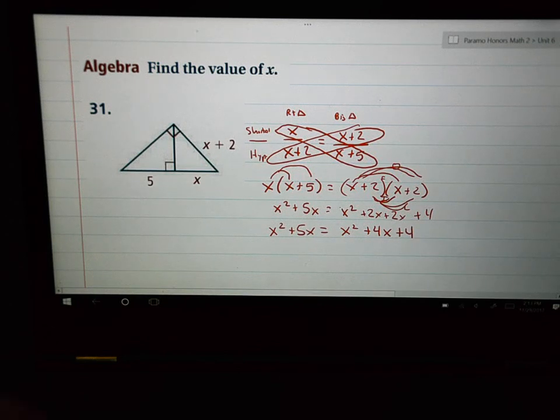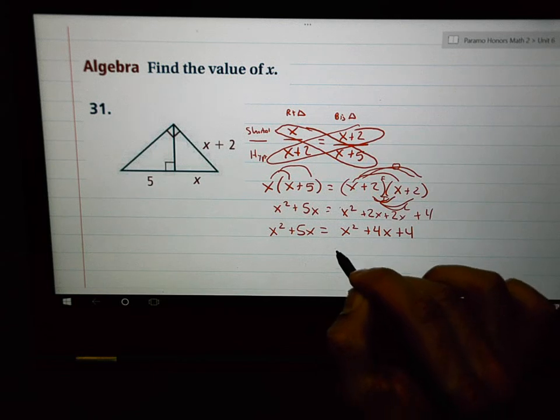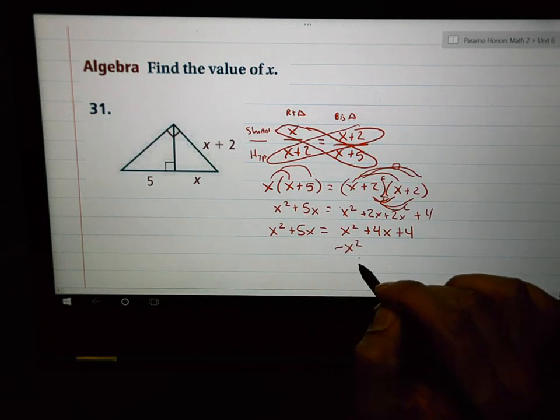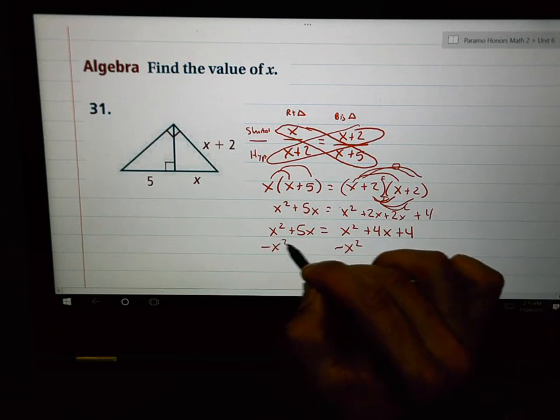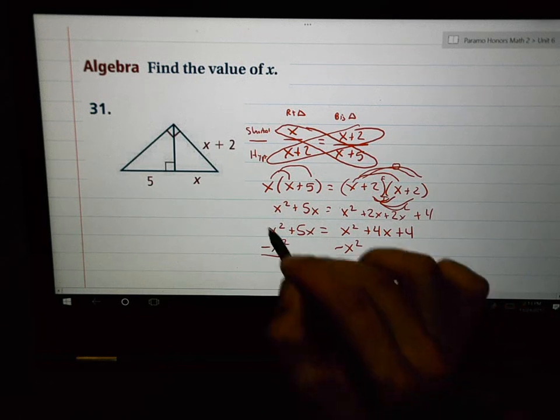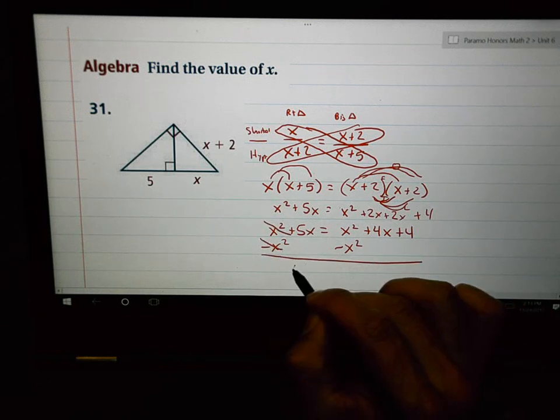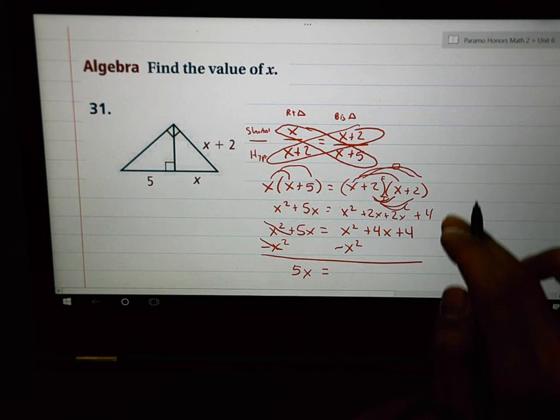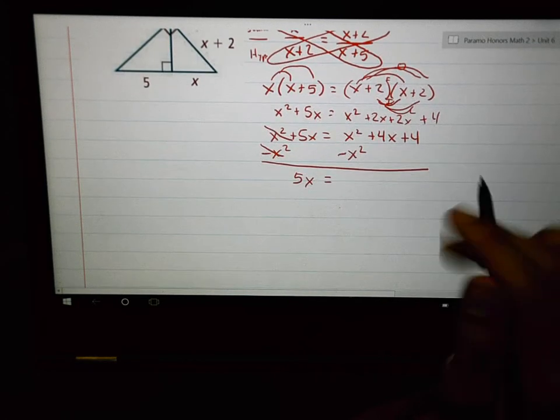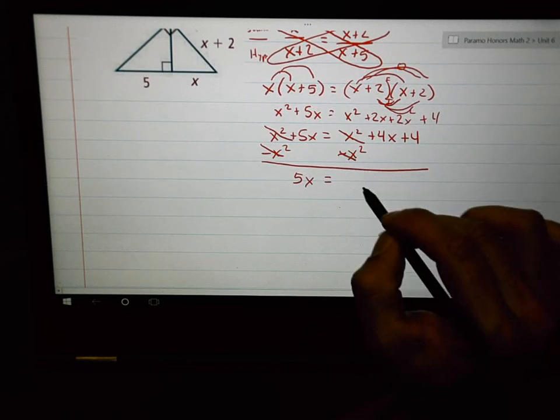Looks still pretty nasty, but at this point it gets really easy. Watch, we just subtract x squared from the right side. Whatever I do on the right, I have to do to the left to keep it balanced. x squared minus x squared goes away. Let me just scoot this up a little bit. 4x plus 4.